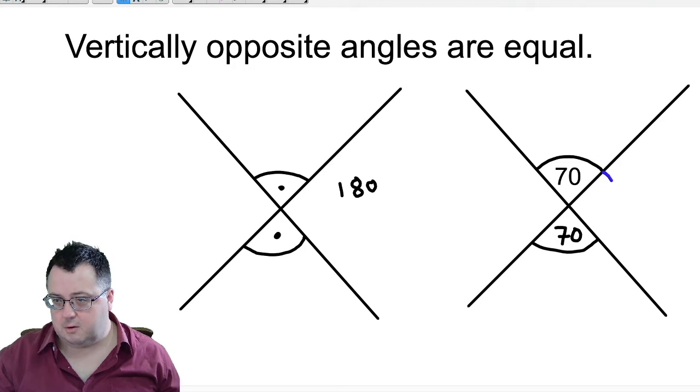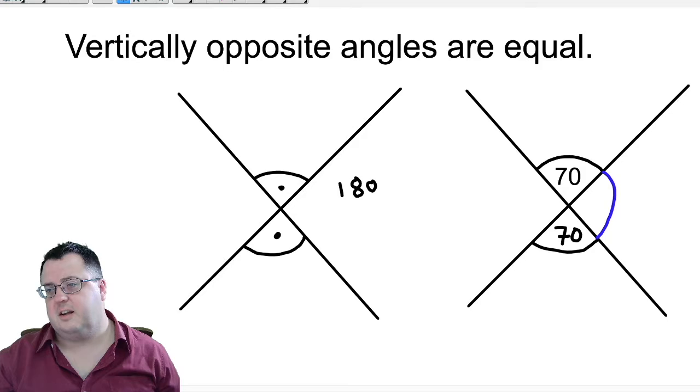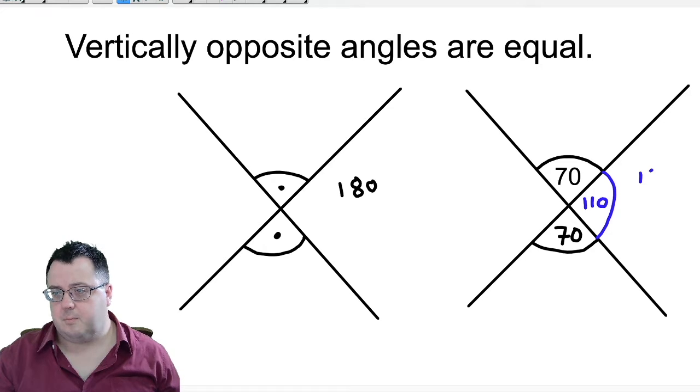This angle here will sum to give 180. So the answer there will be 110, because 180 minus 70 is 110.